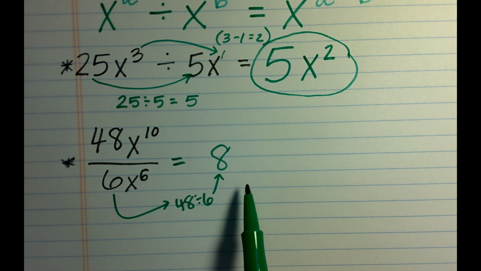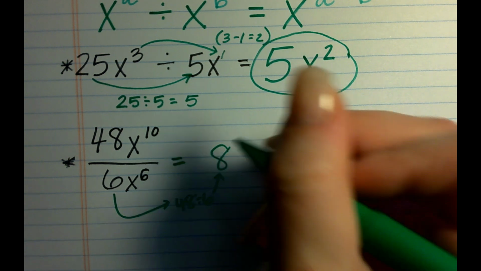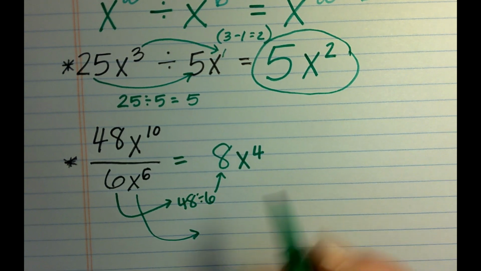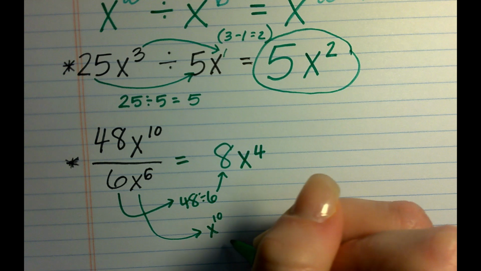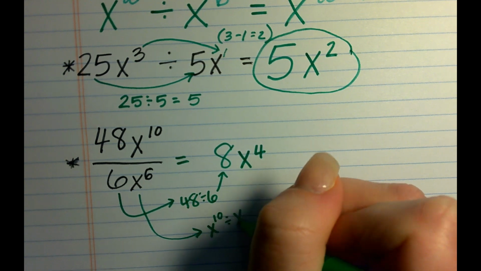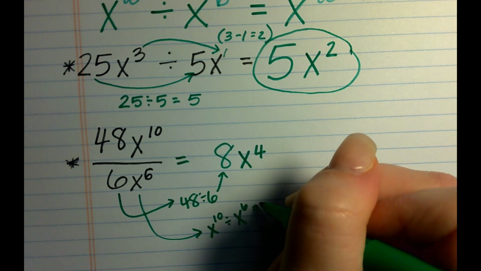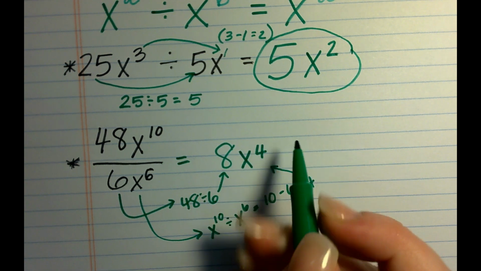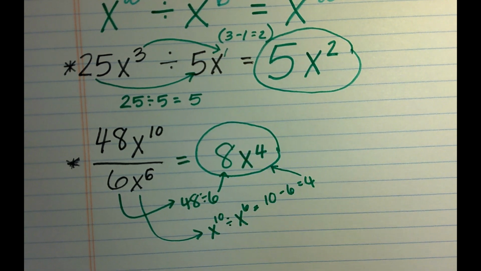So what's the next part of my answer? x to the 4th power. Good. And we got that by doing x to the 10 by x to the 6. So we already did 10 minus 6 is 4. And that would be our answer.